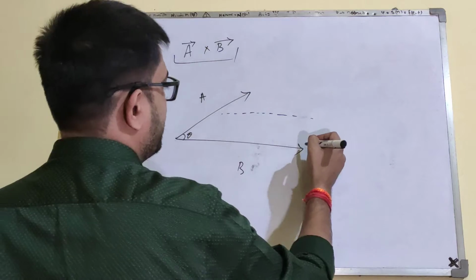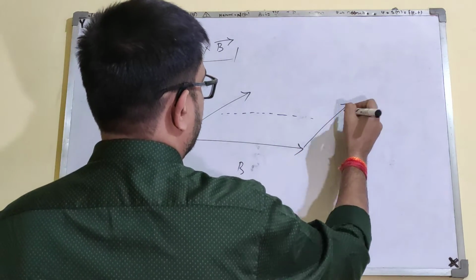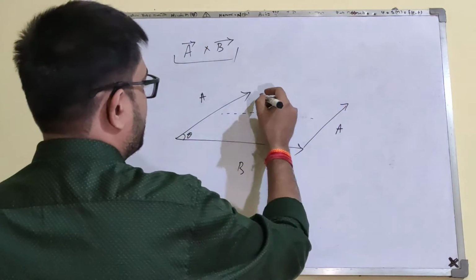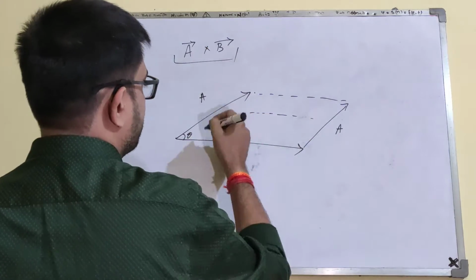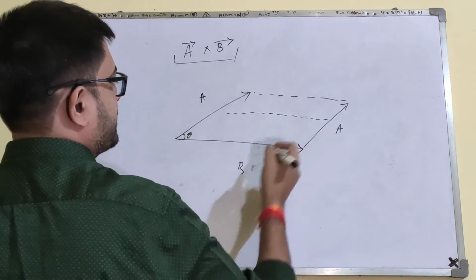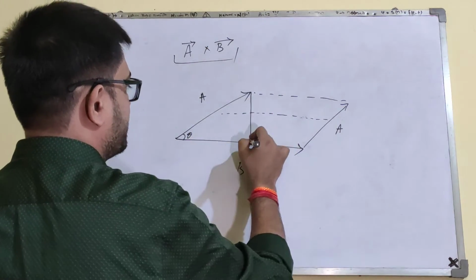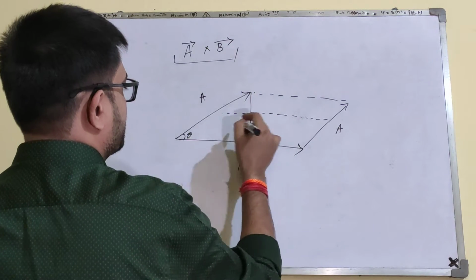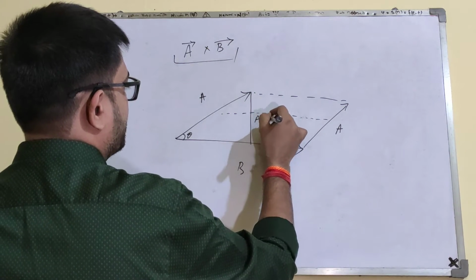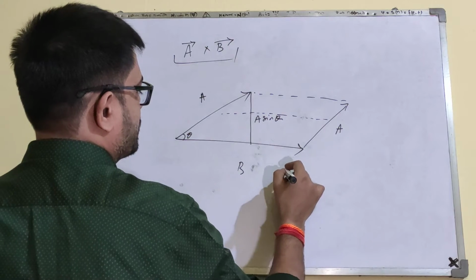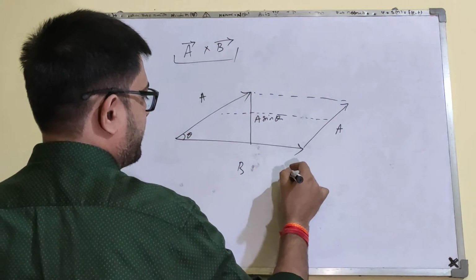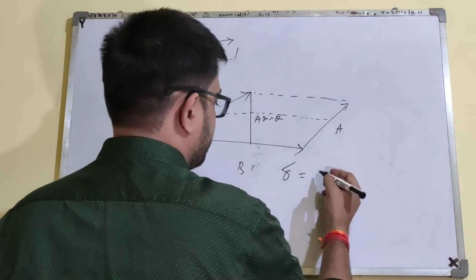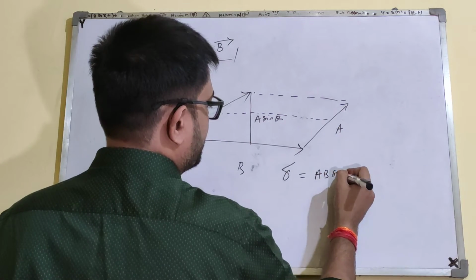It crosses and comes to the head of b. So this is again a. If that happens, this describes a parallelogram. The parallelogram has an area, where this side is A sine theta and this is B. So the area of the parallelogram, if I write the area as delta, becomes A B sine theta.